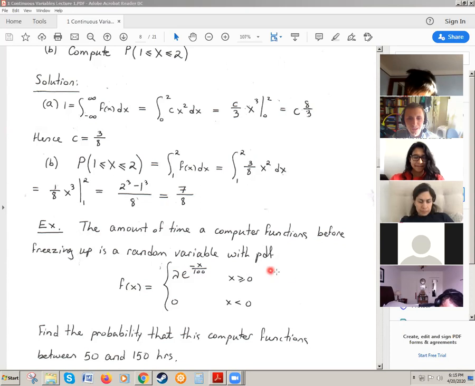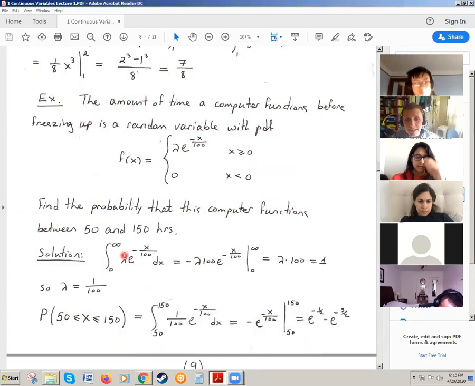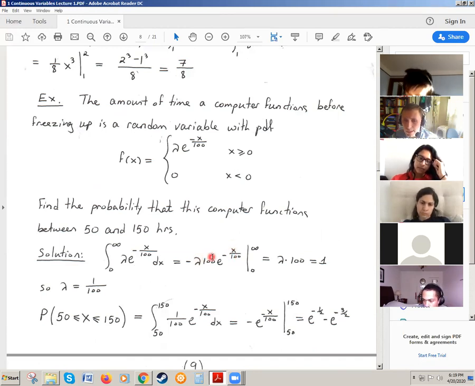All right, so let's do it together. Guys, it's a constant. You move it out, you integrate e to the power of minus x over 100, right? E to any power is just e to that power. So you just get e to the minus x over 100. But when I take the derivative by chain rule, it drops down a minus 1 over 100, which means we have to multiply by minus 100, to be more precise.